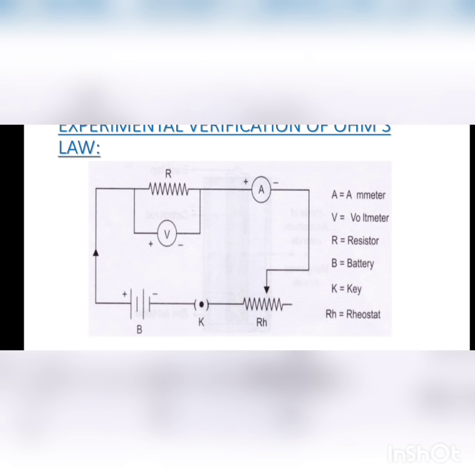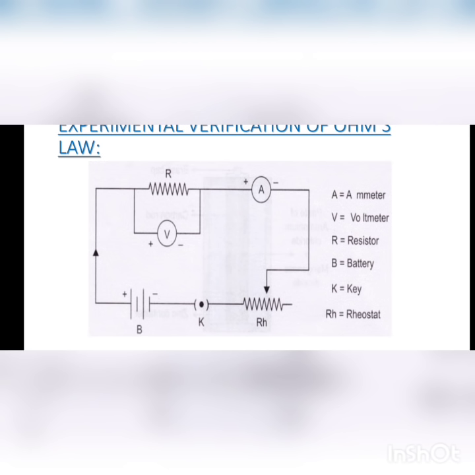So for that you should be aware that for verification of Ohm's law, we are required to first of all draw the circuit diagram which we are going to use, and then make that circuit with the help of actual wires, voltmeter, ammeter, resistance, batteries, and your key. So these we are going to provide you in the lab, and you have to verify whether Ohm's law is valid or not for the given conductor.